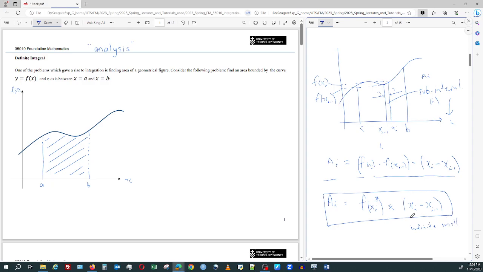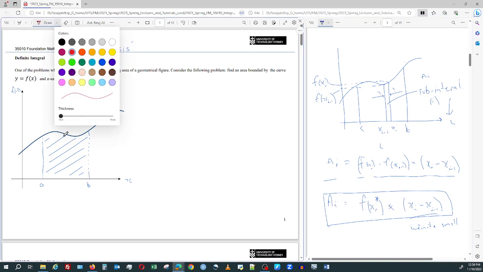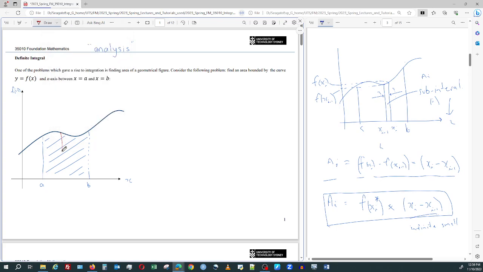So if it's getting infinitely small, then essentially what we're going to end up with is a very narrow rectangle that looks like a line with an infinitely small width. Okay, xi and xi, the previous one.